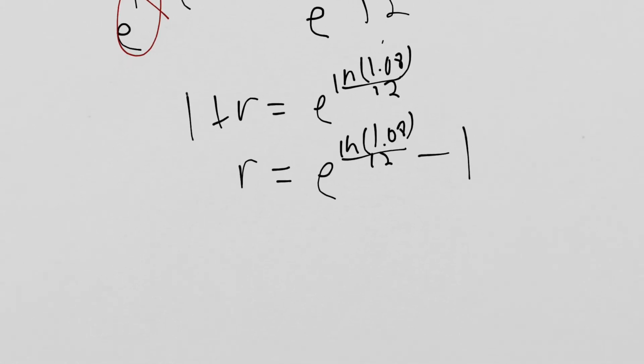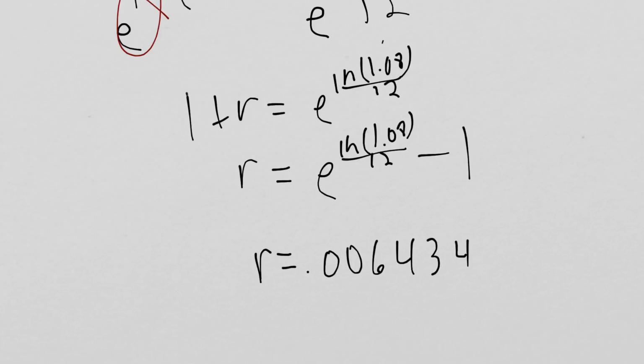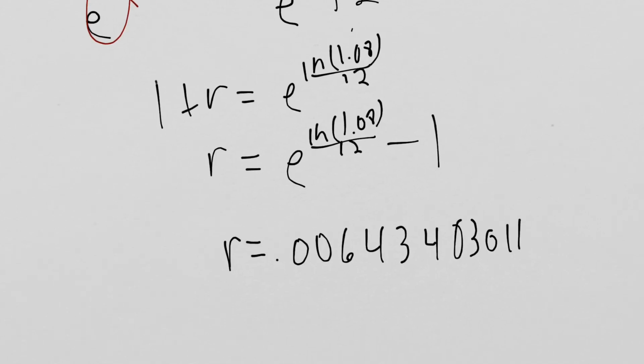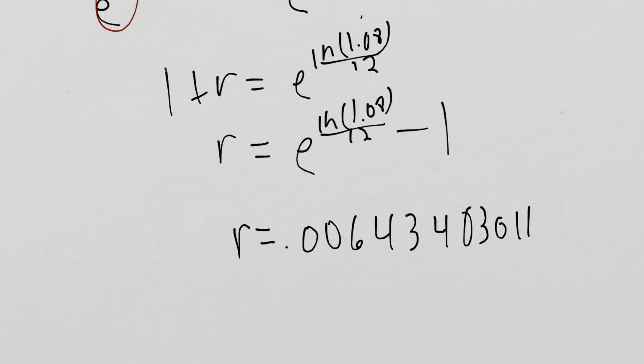All right, I just plugged it in and I got r equals 0.006, and I'm actually going to write out the whole decimal here. Okay, so what does this represent? Well, this is a decimal, right?